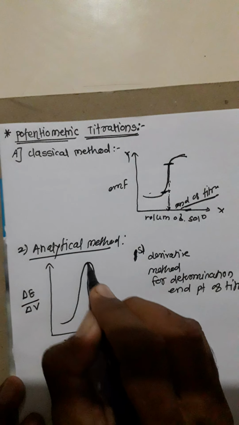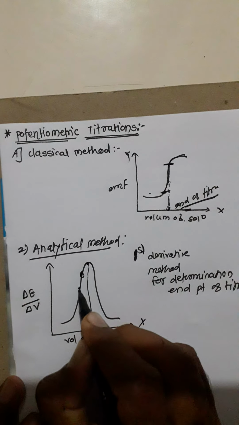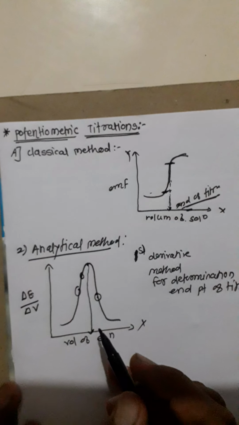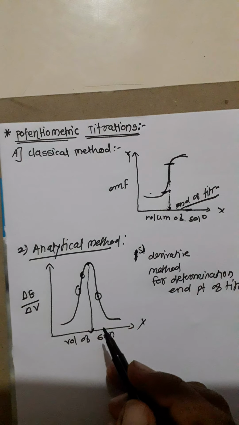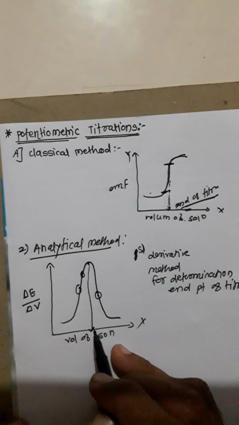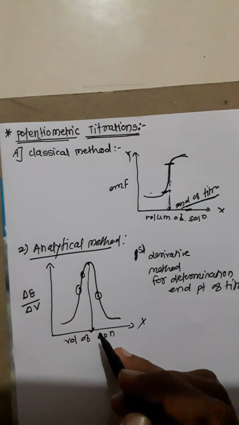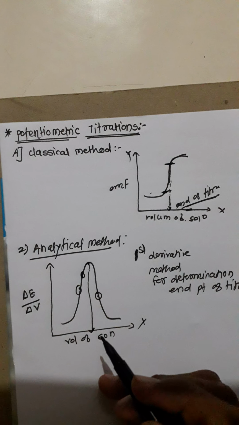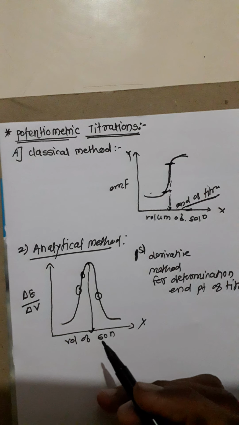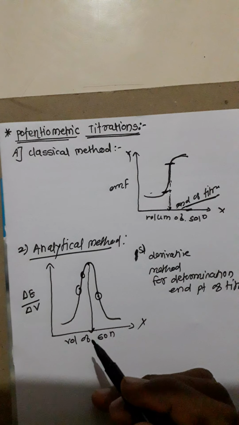This is the exact or correct end point determined by the analytical method. This is the first derivative method to determine the end point of potentiometric titration.